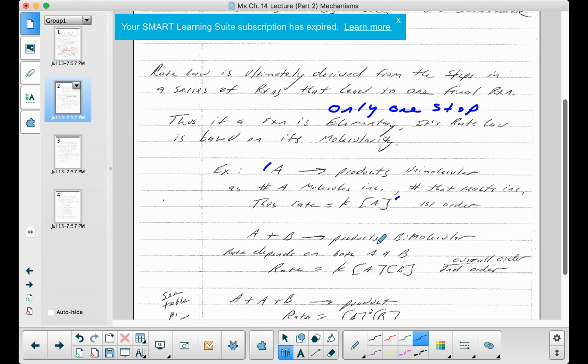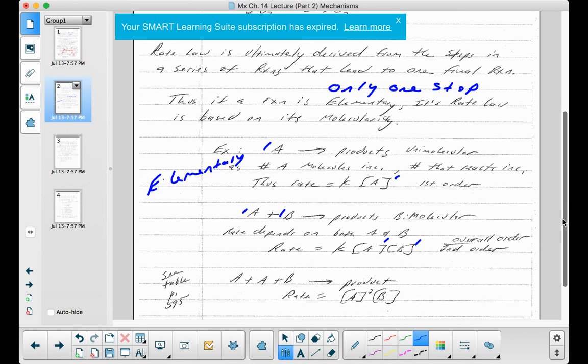If it's bimolecular and it's elementary, so again, be careful, this is only true if they are elementary. If they're identified as elementary reactions, you can use those coefficients to identify the order, okay?